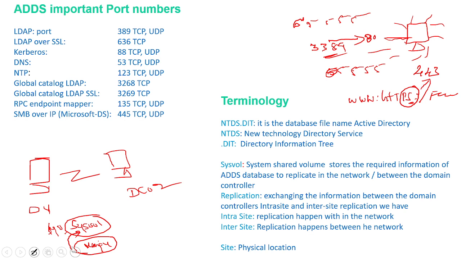And then the replication. See, replication means passing the information or the updates to the next domain controller, or information exchange between the domain controllers, we call it replication. There are two types of replication. One is intra-site, another one is inter-site. When it is intra-site, say for example within Bangalore you have around 25,000 users.